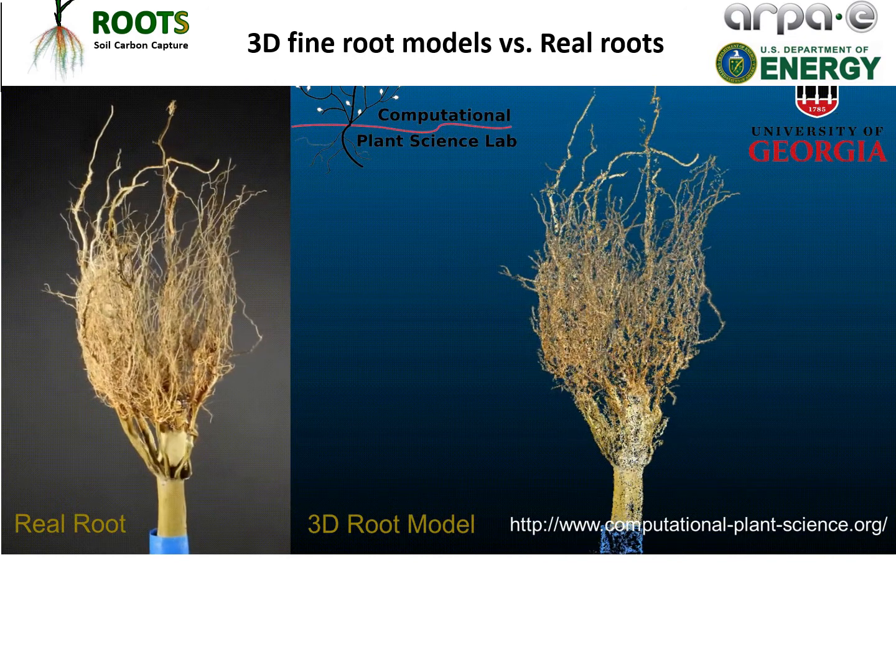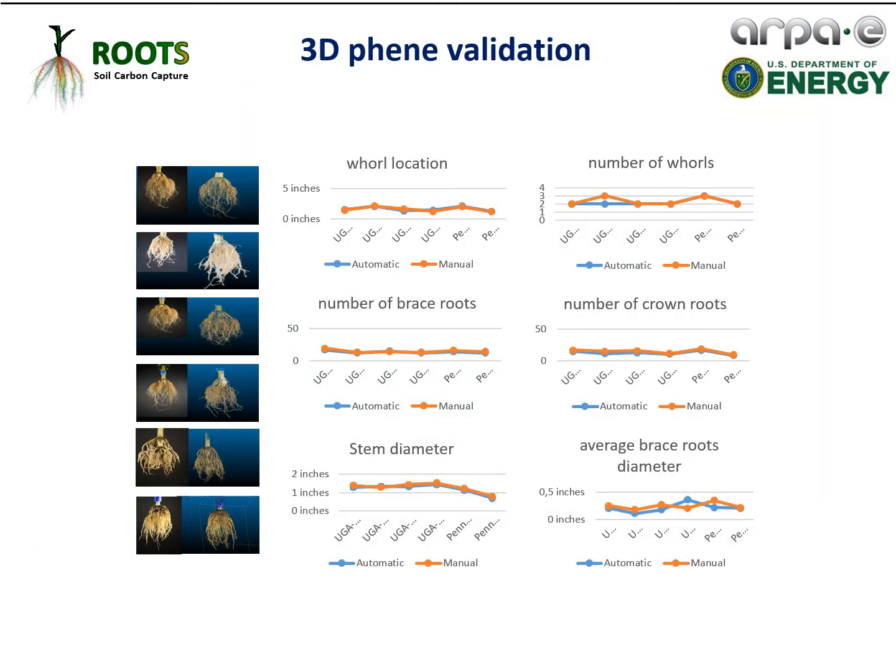And if we compare the accuracy of the automated traits to, for example, manually captured traits for the different root characteristics, we can see a very, very high level of accuracy. So we're very excited about this approach.